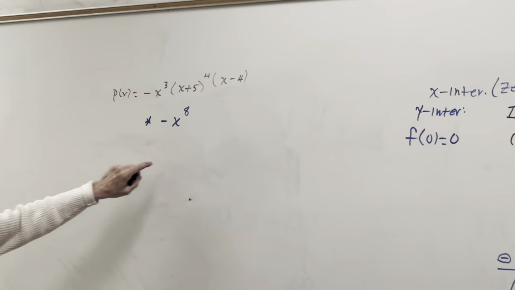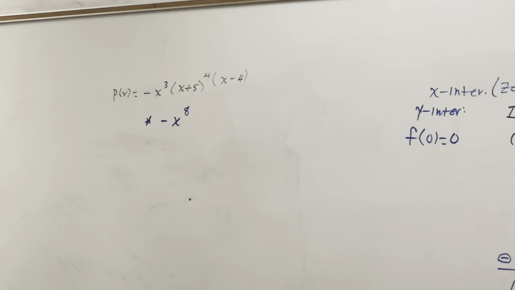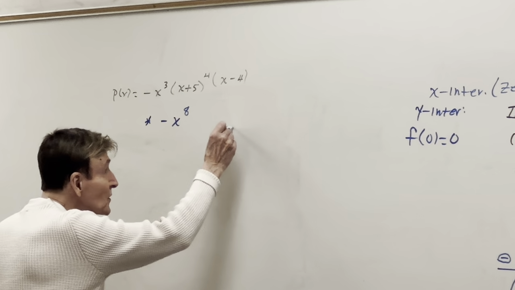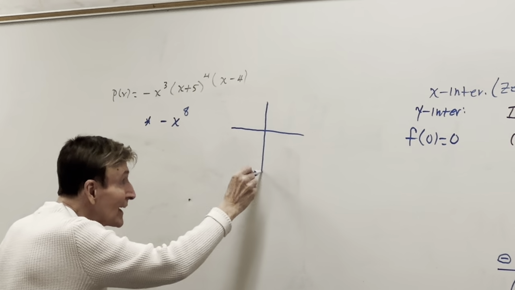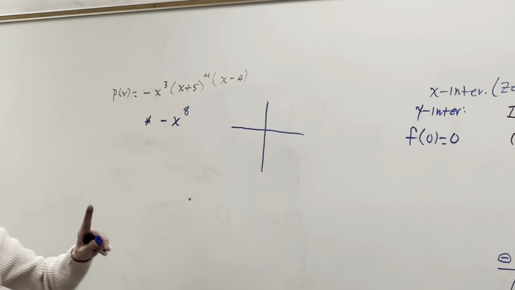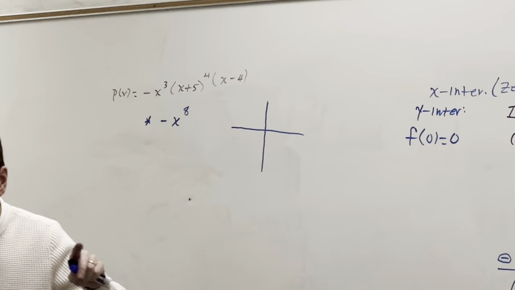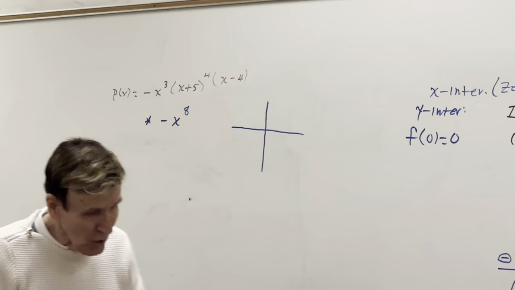Now, can anyone tell me before I get to the grid and start graphing? We'll graph this fairly fast. Does anyone have an idea what this graph looks like as a basic shape? Because my graph is supposed to, out on the ends, behave just like it. Does anyone have an idea what negative x to the 8th, just that basic graph, might look like?